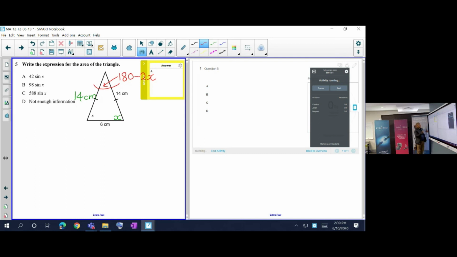And how did we get that? Remember, we have area equals half base times height. In this case, our base can be 6. So it will be half of 6. And then the angle.